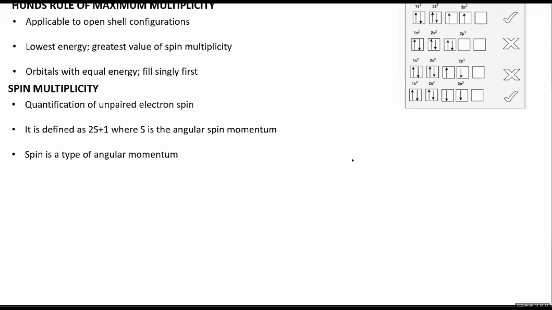So, what exactly is spin multiplicity? It's a way of quantifying unpaired electron spin, and it's defined by 2S plus 1. Spin is a type of angular momentum, where particles move around as a result of angular momentum instead of the linear momentum that we learned about in high school.